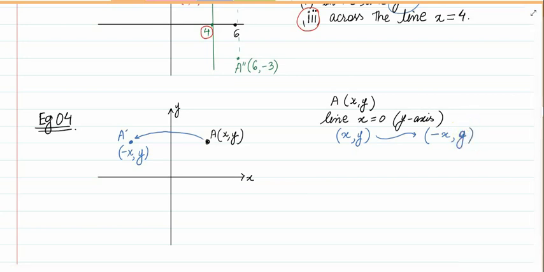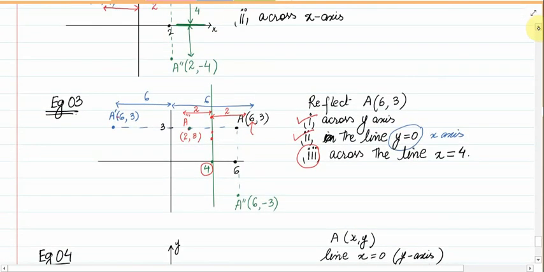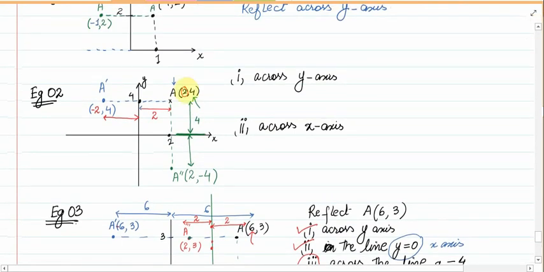So if you apply this technique in the above questions, starting with, let's suppose this one, there is a point 2 comma 4. If you reflect it across the y-axis, we know that the change is only in x.